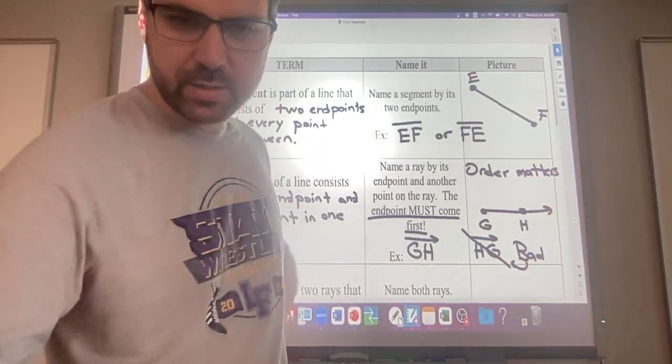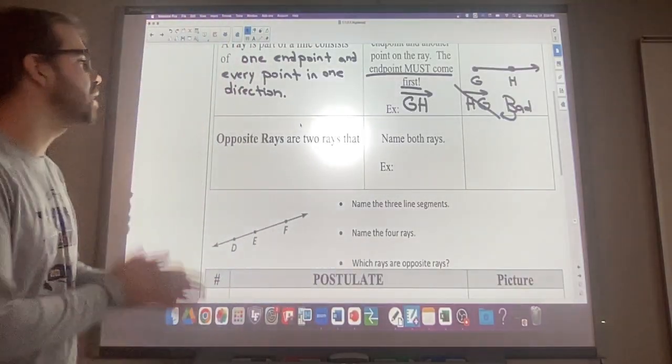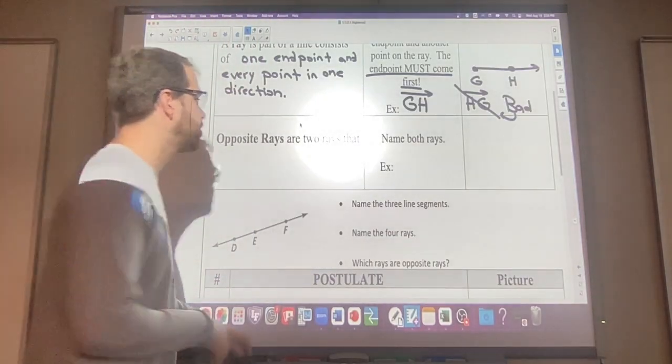All right, opposite rays. What are opposite rays? Two rays that go in opposite directions.